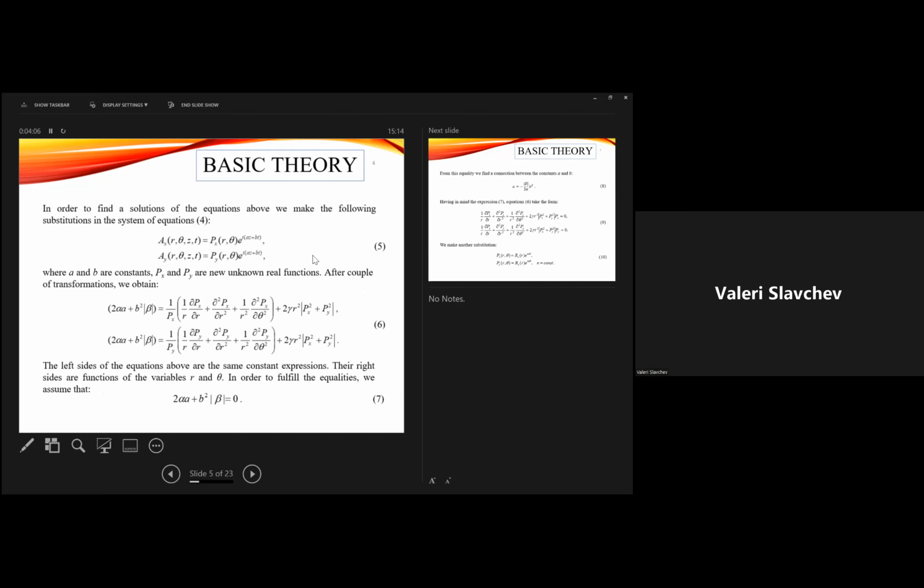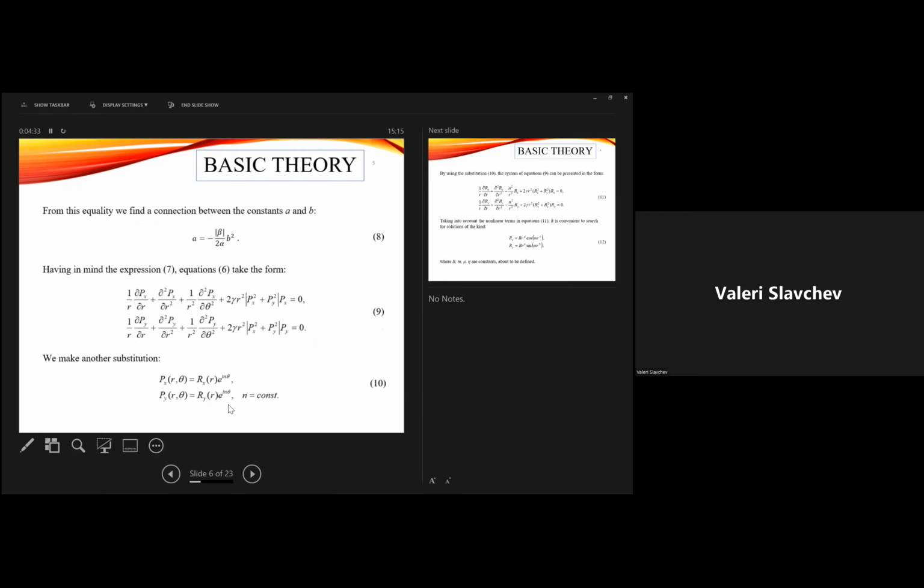After a couple of transformations, we obtain equation 6, where you can see the left sides of these equations are the same constant expressions, while the right sides are functions of the variables r and theta. In order to fulfill these equalities, we assume that the constants on the left side will be equal to 0. From this equality, we find the connection between the constants A and B, written in equation 7.